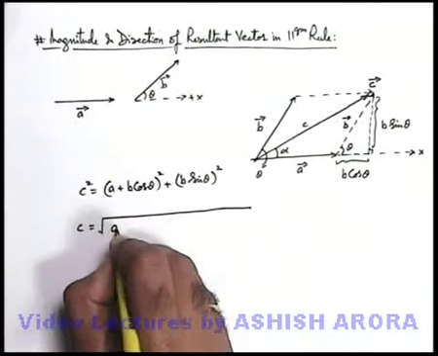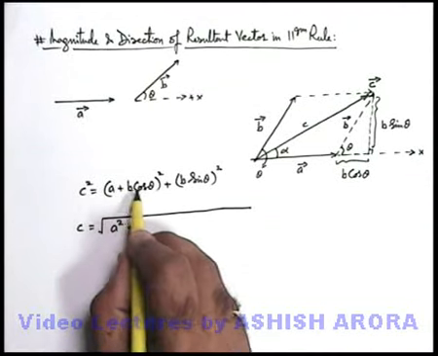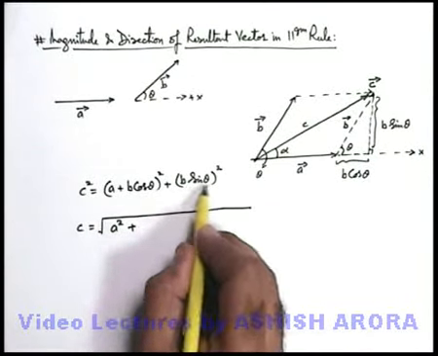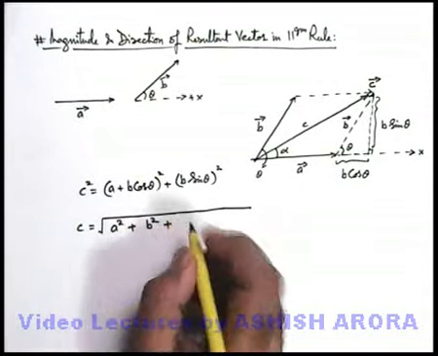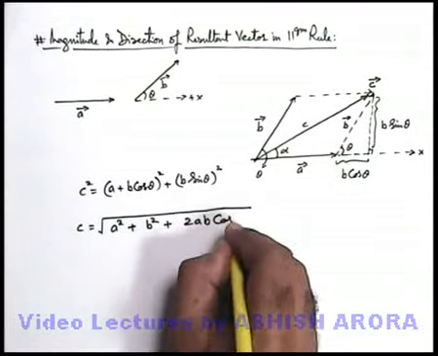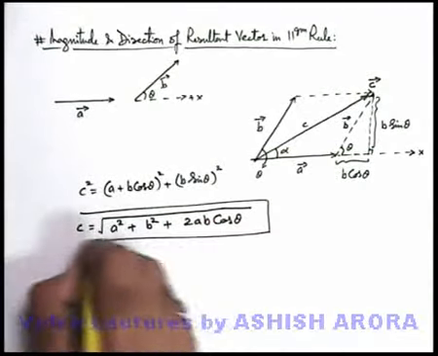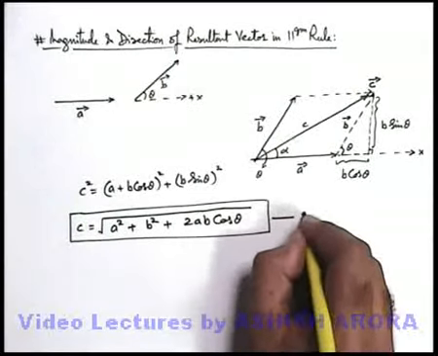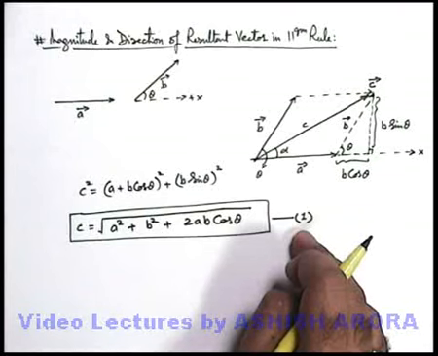It gives us A square plus, you can see the terms B square cos square theta and B square sin square theta will combine to become B square. And one more term will be left over here, that is 2AB cos theta. This is the resultant which is directly obtained by the parallelogram rule. We can just name it as equation 1.